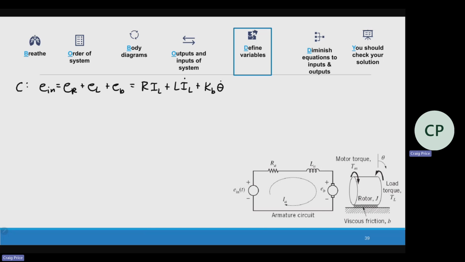What I would say is that for the circuit, we identified the output as the current. So I'm going to keep the current on one side and put everything else on the other. So what we get is EN minus KB theta dot is equal to, starting with the highest order, L IL dot plus R IL.